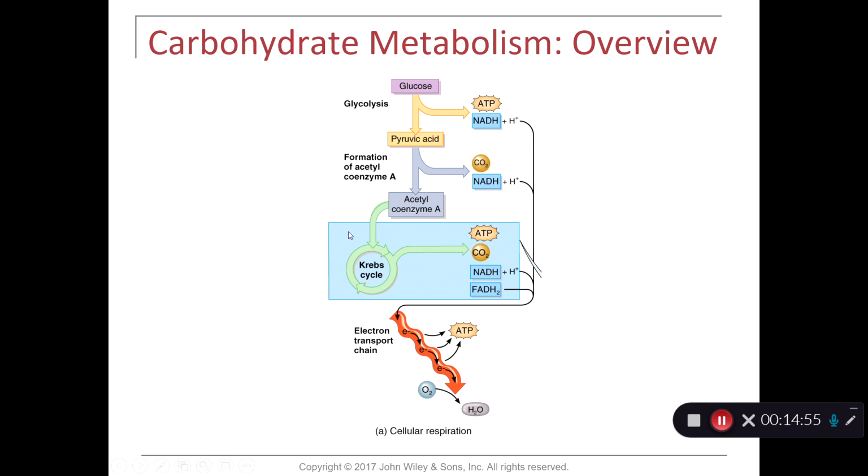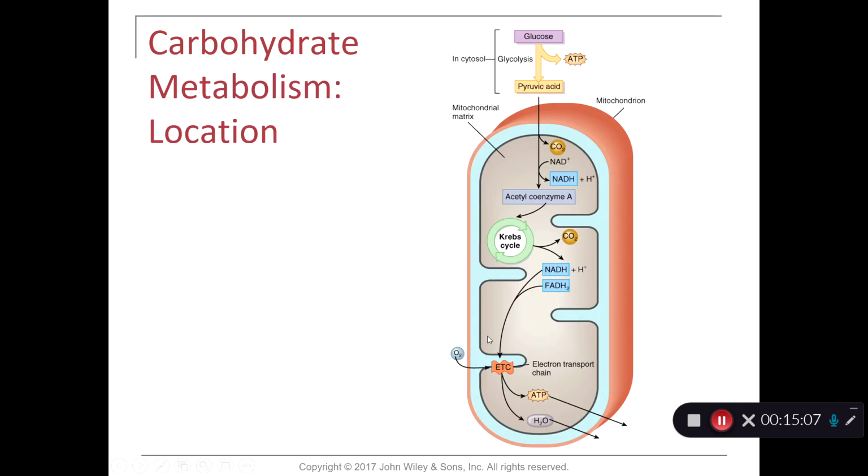The Krebs cycle produces NADH, FADH2, and a bunch of hydrogens that eventually get fed into the electron transport chain, which is the primary maker of that ATP. The locations of which you do need to know. Notice that glycolysis occurs out in the cytosol. The conversion of acetyl and everything else that happens in this process occurs within the mitochondria.